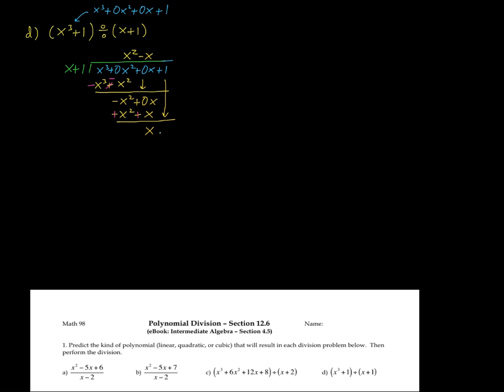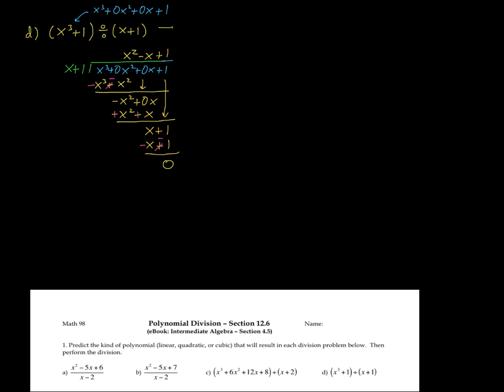And now we go ahead and carry down this plus 1. And x into, well, itself would be plus 1. And 1 times x is x. 1 times 1 is 1. Change signs and add, and I see here that the remainder is 0.